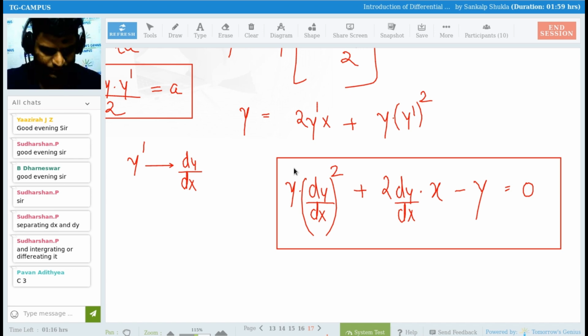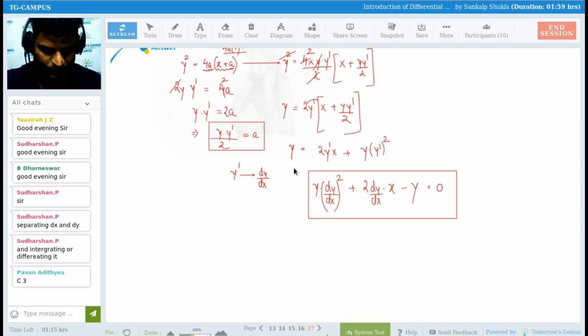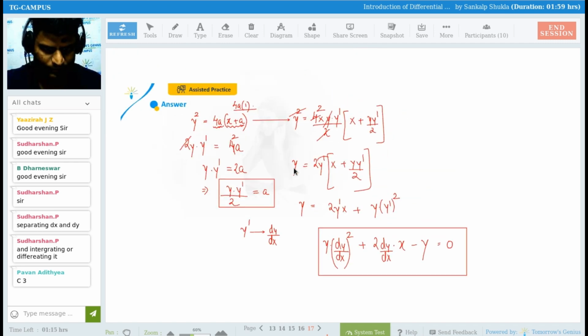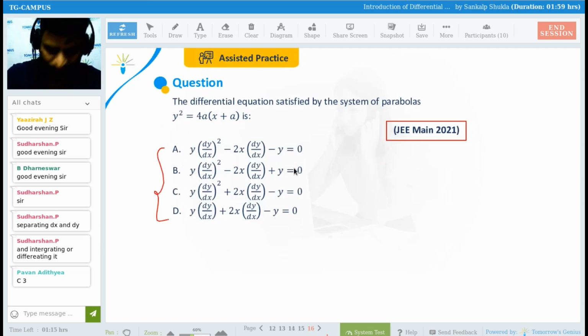Such an easy question. So what is the answer? y into dy by dx whole square plus 2 dy by dx into x minus y is equal to 0.